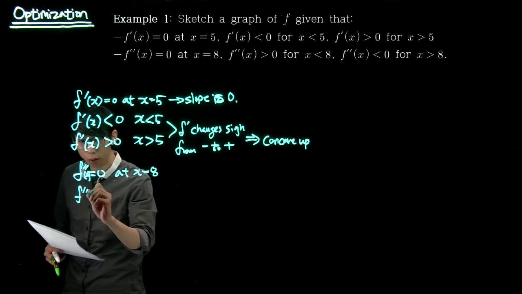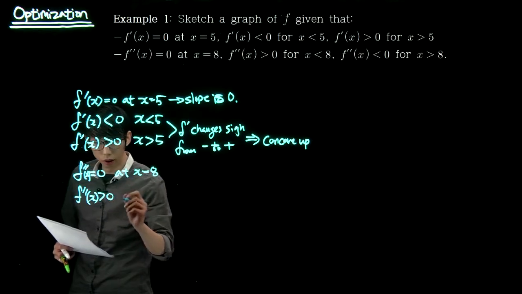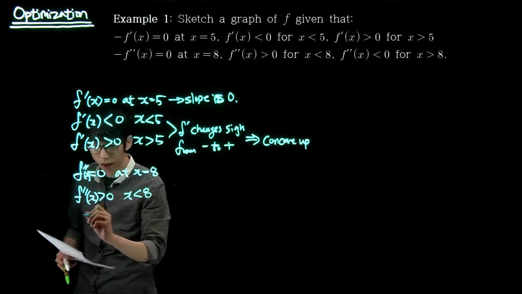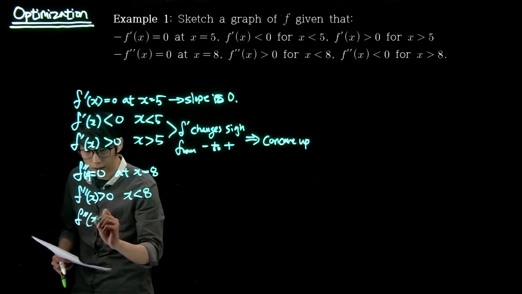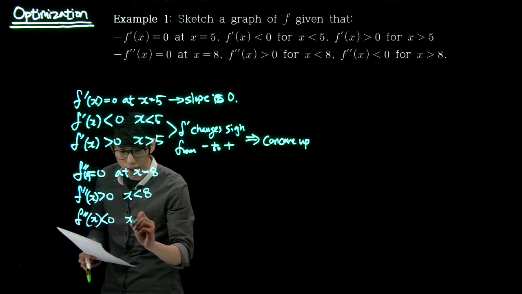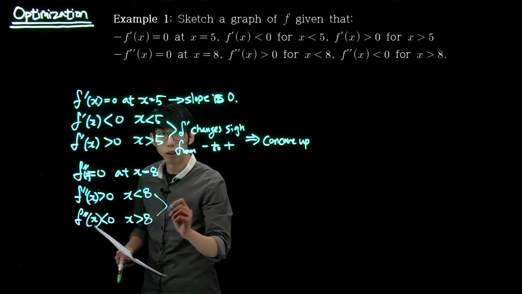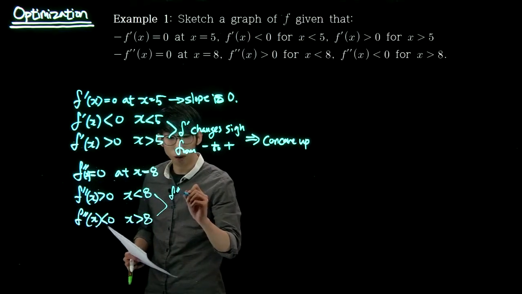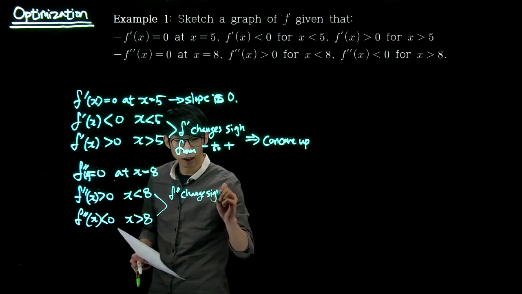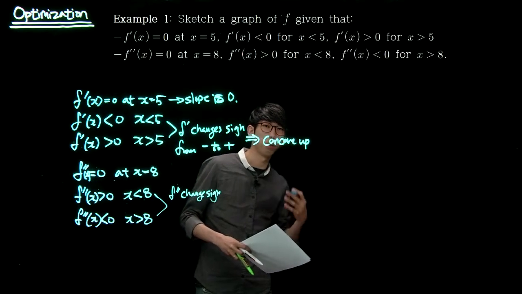Okay, f double prime of x is greater than 0 when x is less than 8, and f double prime of x is less than 0 when x is greater than 8. This means that, again, the f double prime changes sign, and f double prime tells us about the concavity.